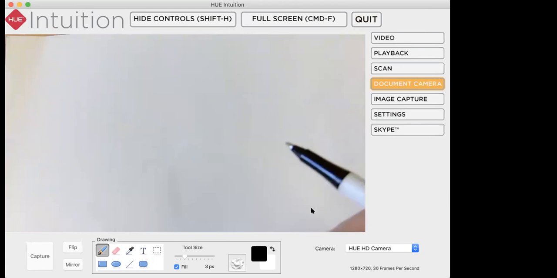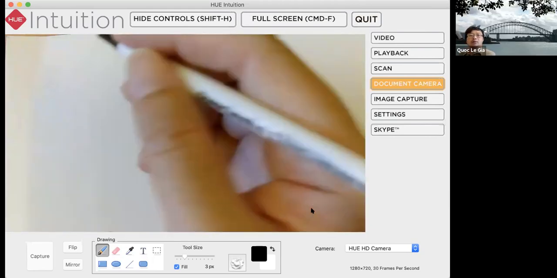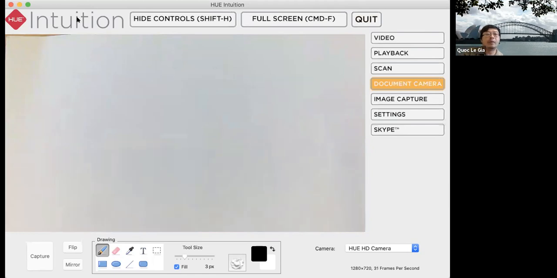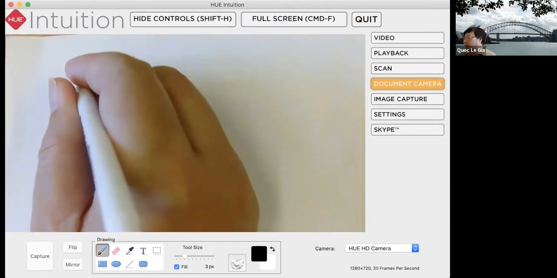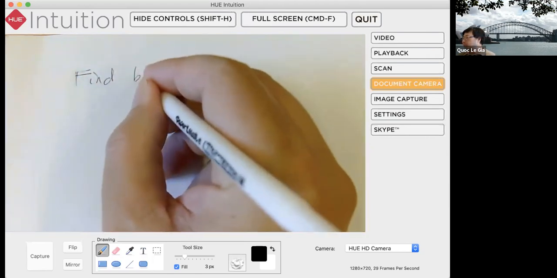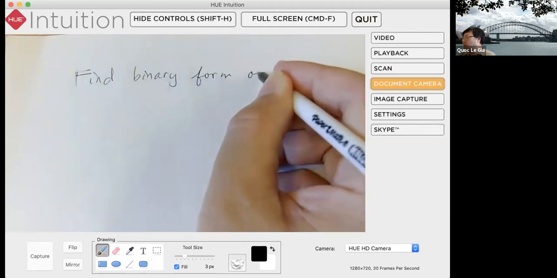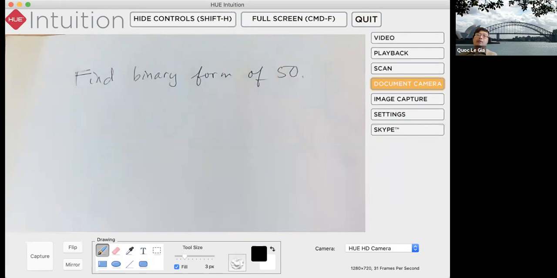Okay, so how do we find the binary representation of 50? Find the binary form of 50. Does anyone know the algorithm?